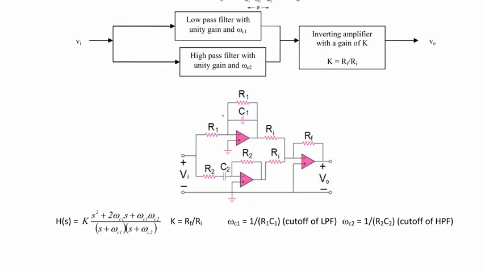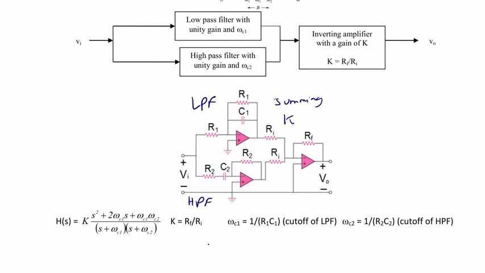So here at the top we have the low pass filter. At the bottom we have the high pass filter. So you simply add those together with this summing amplifier, and you use the summing amplifier or inverting amplifier to produce the gain that you want, K. So when you write the equation for this, you get K times S squared plus 2 omega C1 S plus omega C1 times omega C2, over S plus omega C1 times S plus omega C2.